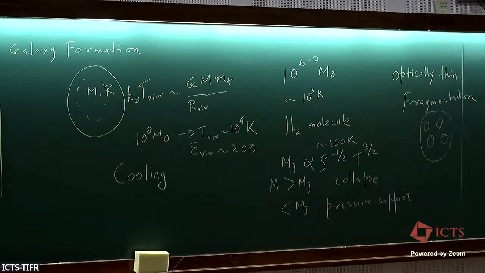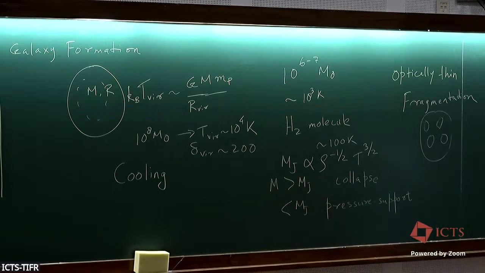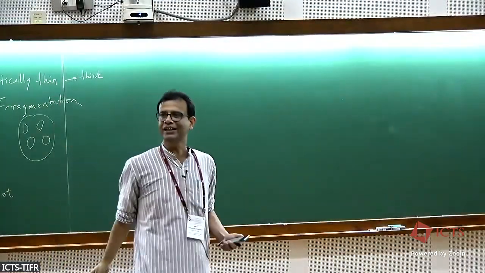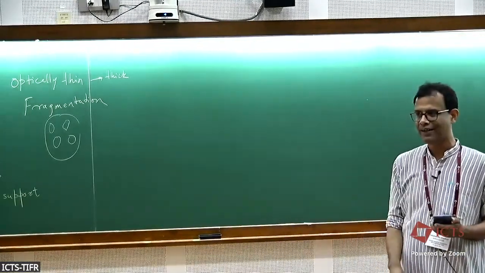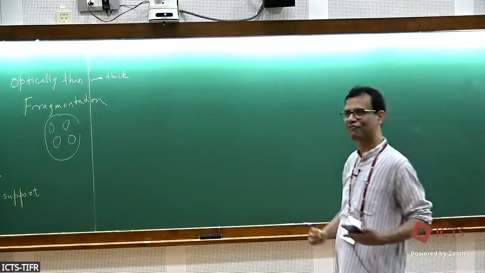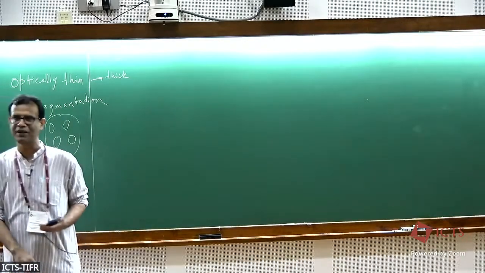Now, as one of you asked, this cannot be a runaway process. At some point it stops. It stops when rho becomes so high that this optically thin goes to optically thick. Then the radiation cannot escape, and then the dependencies change inside. And now, if you try to condense more, the Jeans scale, in fact, tends to become large.